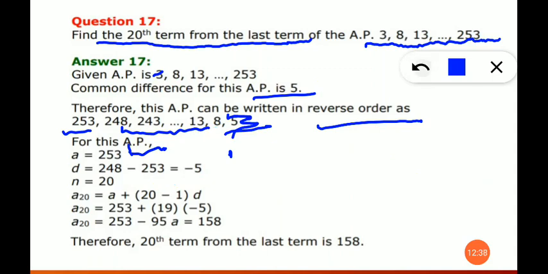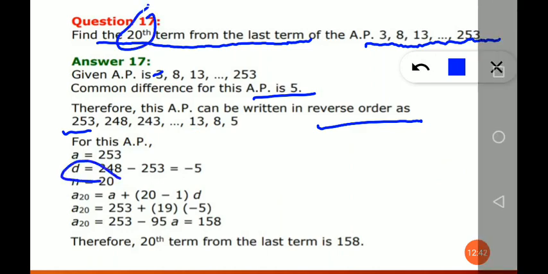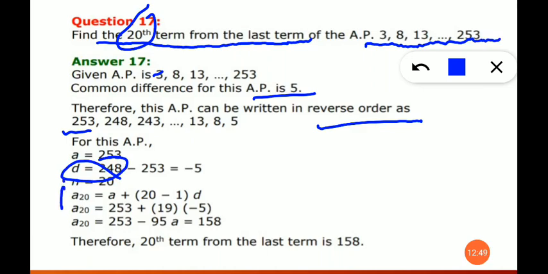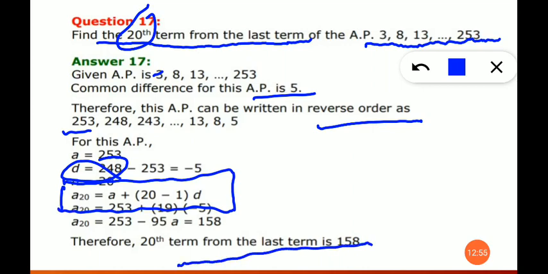Which term do we have to find? It is given as the 20th term, so we take n is equal to 20. We substitute in the formula an is equal to a plus n minus 1 d, and after substituting the values we will get the 20th term from the last. This is also one of the easiest ways to find the answer.